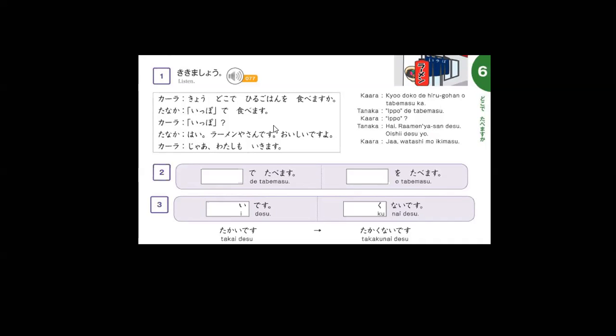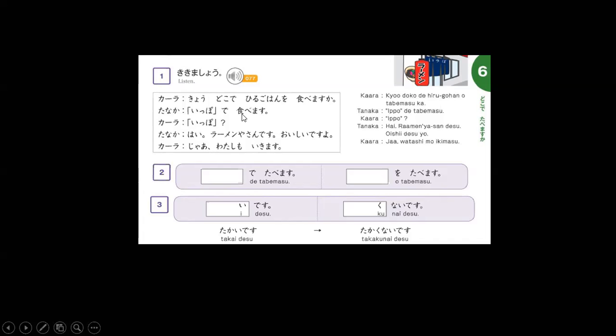Okay, the last conversation. 今日、どこで昼ご飯を食べますか？一歩で食べます。今日 means today. どこ means where. 昼ご飯 is lunch. 食べます is eat. So, where would you like to eat lunch? 一歩 is the name of a restaurant.